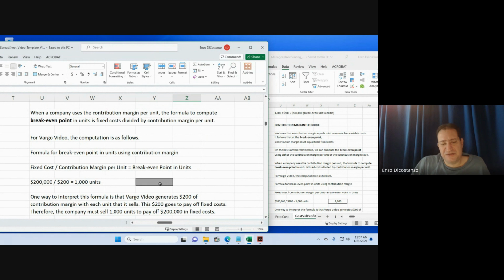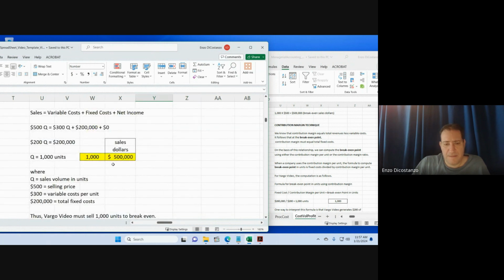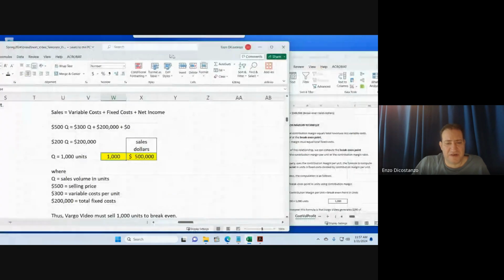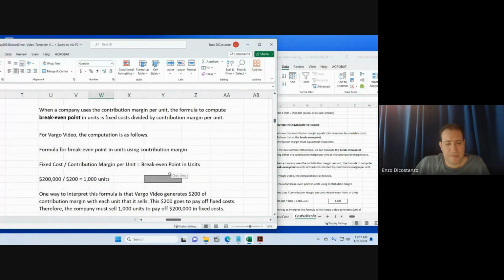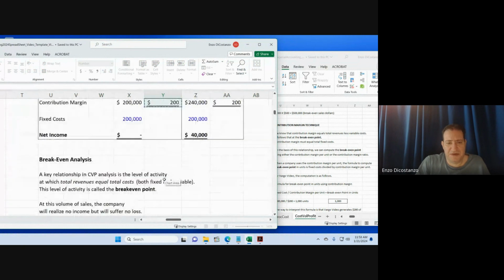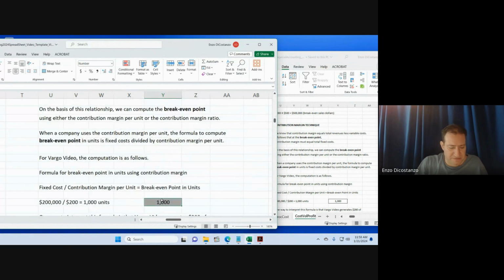Again, this is a repeat of what we did here. This is that 200,000 divided by the contribution margin, and there's your 1,000.